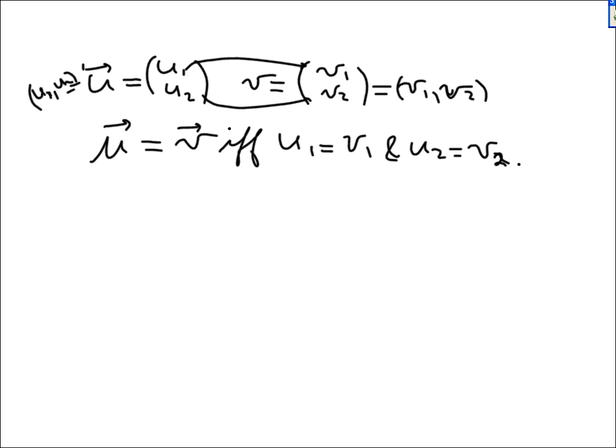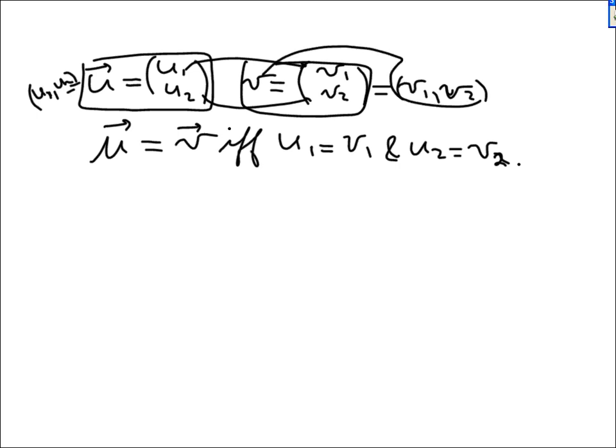Notice that this vector, the way it's written, starts at the origin. The tail is at the origin. So, for example, vector (2, 5) equals vector (2, 5).